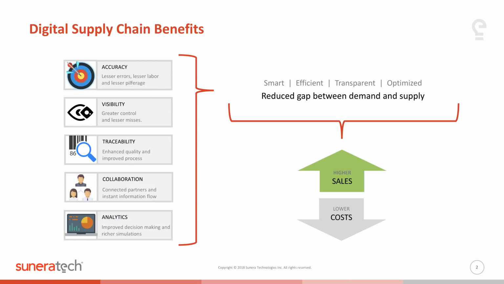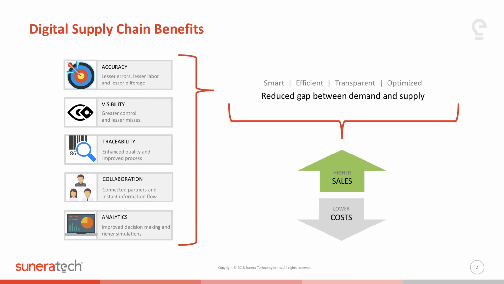And more importantly, digital supply chain ends up collecting a whole lot of data beyond the ERP. So you're presented with very rich data, both transactional as well as contextual and incidental, so that you can actually draw a lot more rich analytics to improve your supply chain.